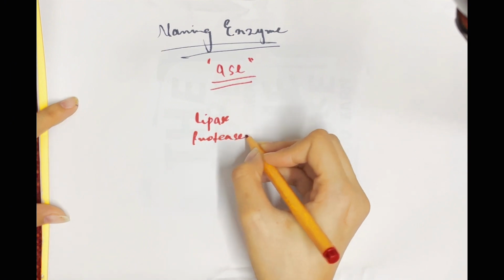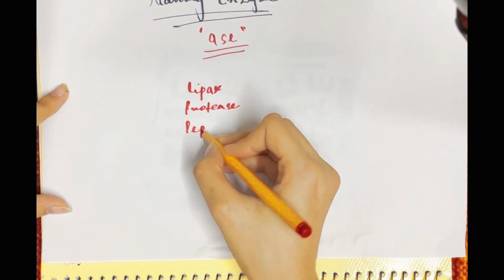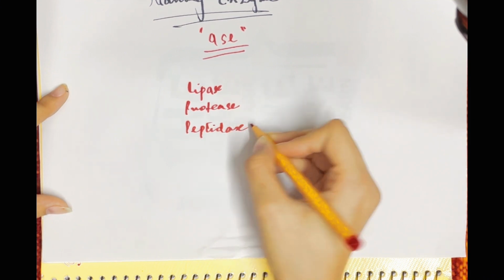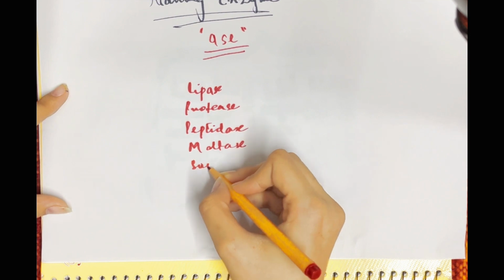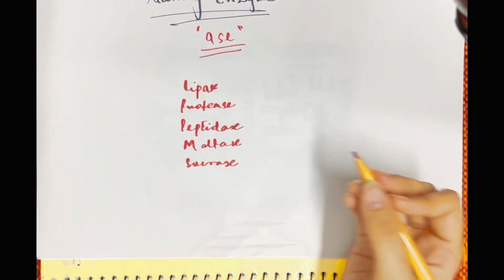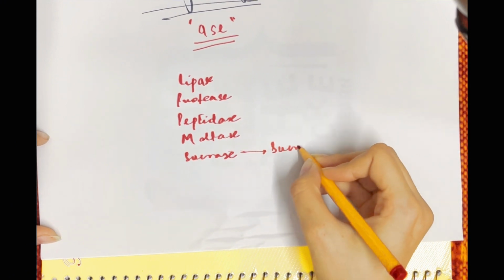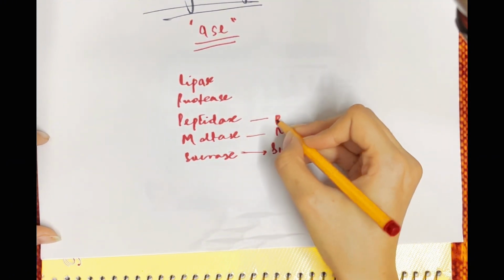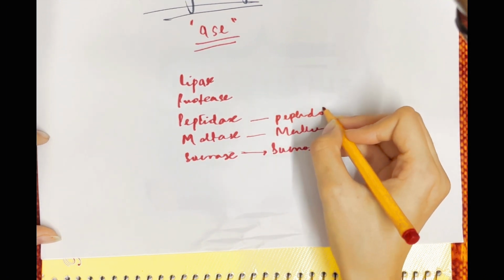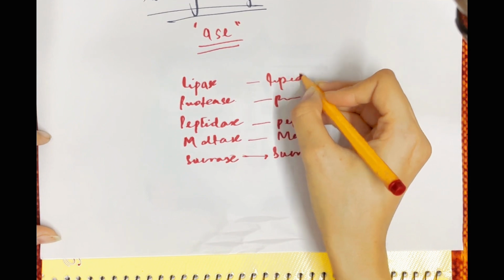We have taken these examples multiple times, so let's take another example: peptidase, maltase or sucrase. These determine what they are going to act upon. Sucrase will act upon sucrose, maltase upon maltose, peptidase upon peptides, protease on protein and lipase on lipids.